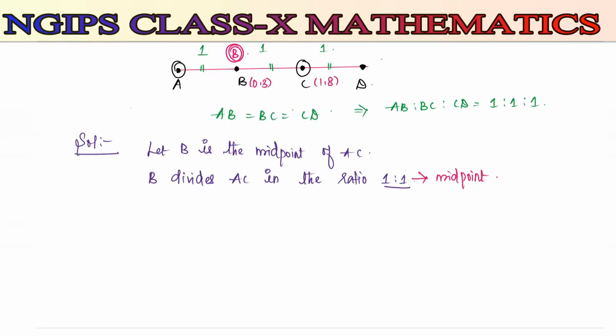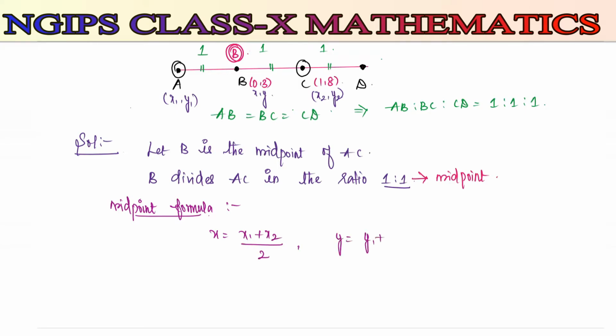Now I am going to consider B as (x, y), A as (x1, y1), and C as (x2, y2). For a midpoint you always take x comma y. So the midpoint formula: x is equal to (x1 plus x2) divided by 2, y is equal to (y1 plus y2) divided by 2.